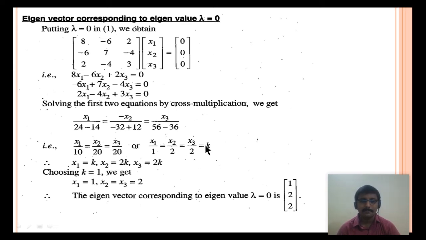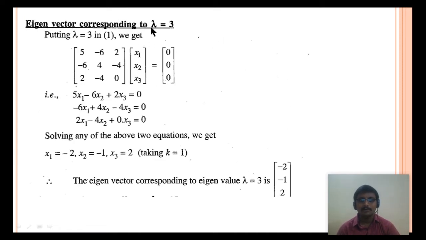Let it be k. Each fraction is equated to k. Thus we have x1 is k, x2 is 2k, x3 is 2k. Taking k value as 1, we have x1 is 1, x2 is 2, x3 is 2, which is the required eigenvector corresponding to the eigenvalue lambda equal to 0.